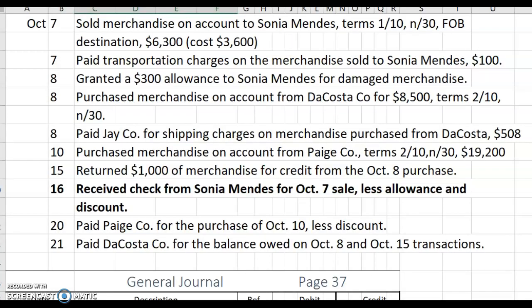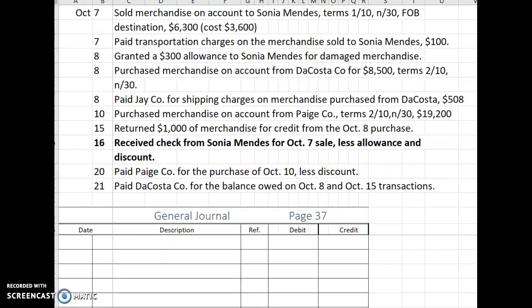Then on the 21st, we received the check from our customer, Sonia Mendez, for the October 7th sale, less the allowance and the discount. So we made the sale to Sonia Mendez for $6,300, but then we granted a $300 allowance because some of the merchandise was damaged. So her accounts receivable then dropped down to $6,000.